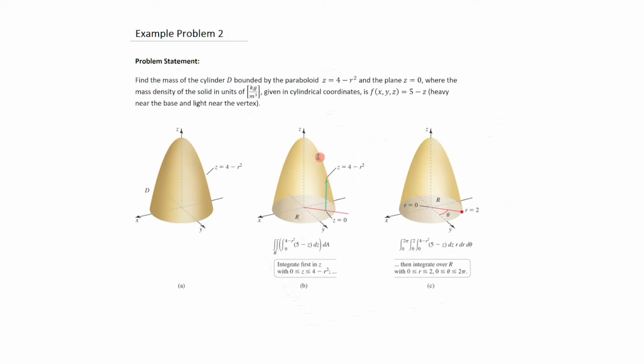So that would be looking at the height between the z equals 0 plane and the surface of the paraboloid. And the second diagram here is, having done that, integrating over the region. So that means we'd be integrating over r, and we'll be integrating over theta. So this is the first integration with respect to z. After having performed that, then we'd be integrating over the region.